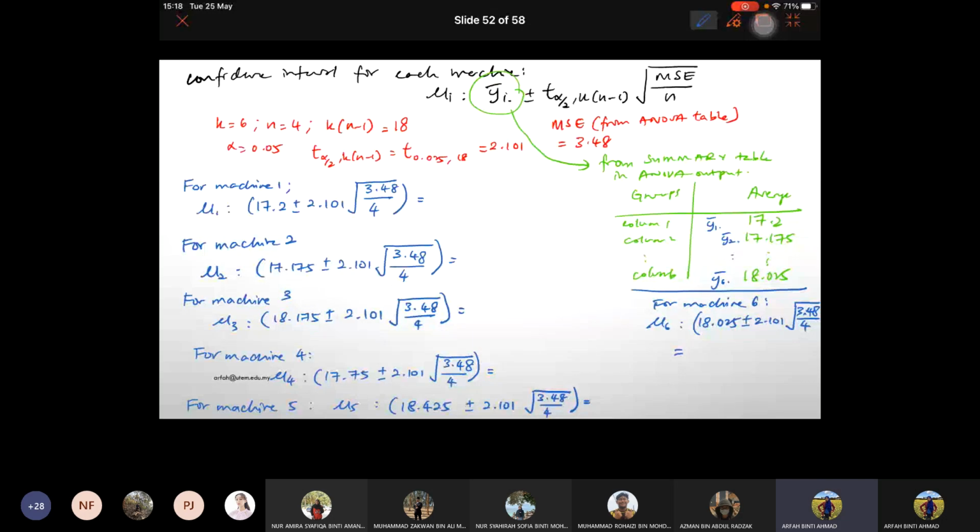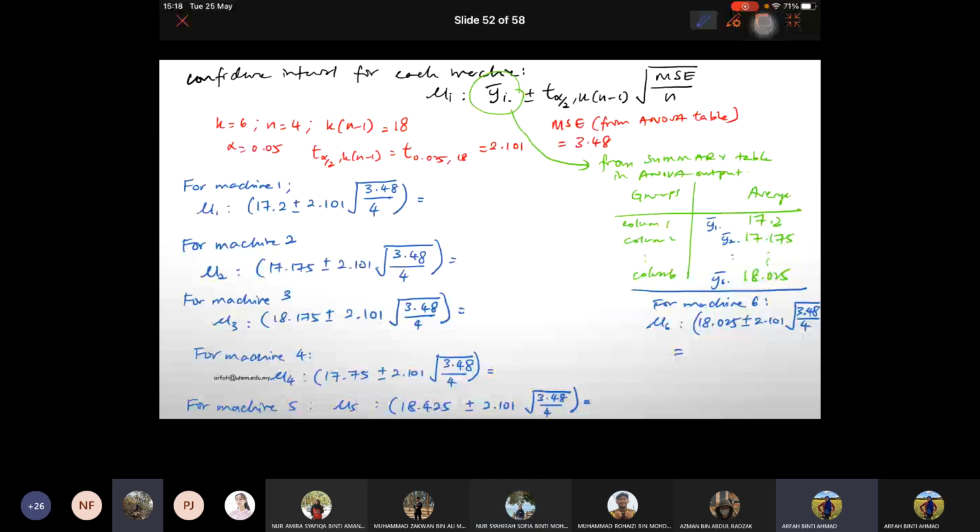Okay, dapat? Berapa jawapan? The first one berapa ya? 19.159 dan negatif 2.3968. Betul ke? Yang lain dapat jawapan sama? 15.24.